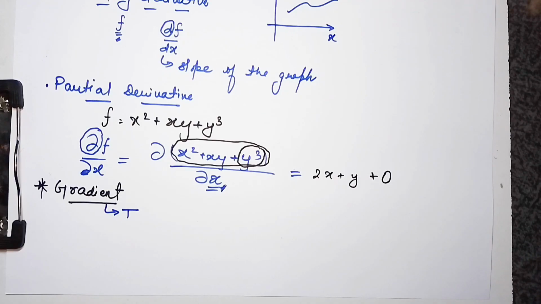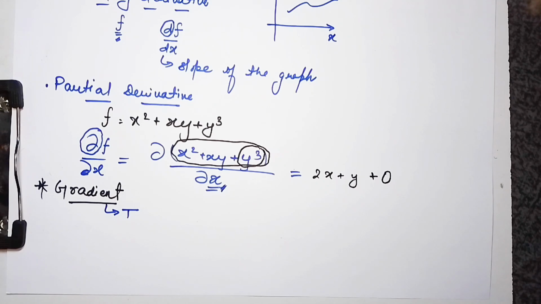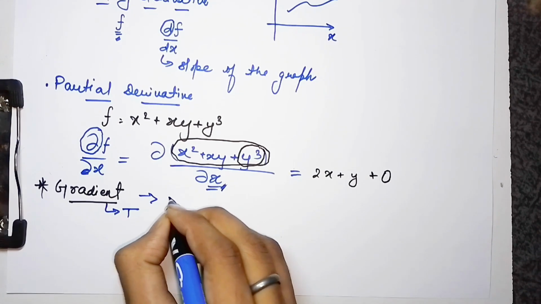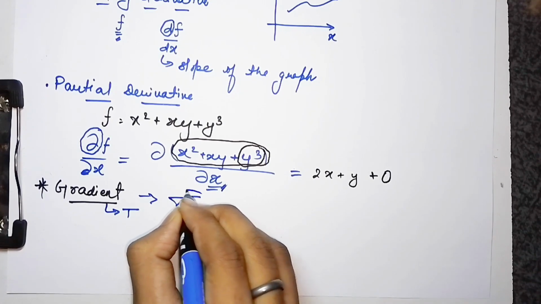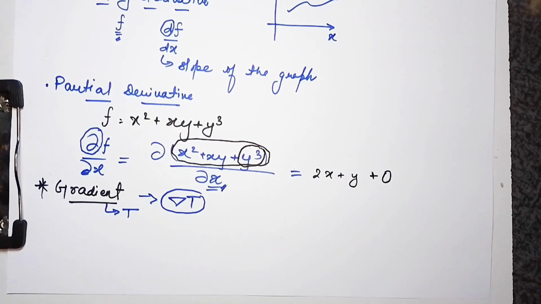So what would the gradient represent if we take the gradient of t? This is the way we find the gradient of t, that is del t. Now what is this del operator? We will learn about it later on.